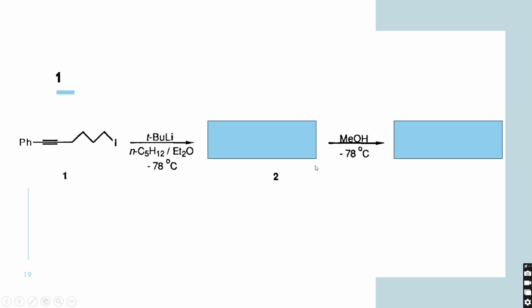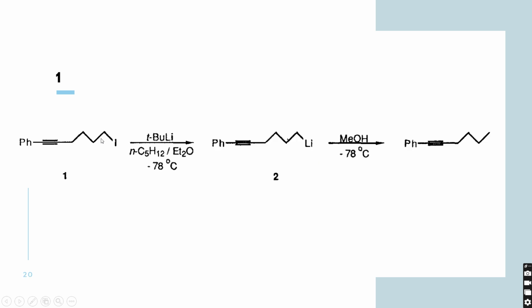So at first, the alkyl iodide will undergo lithium halogen exchange in the presence of butyl lithium. And after lithium halogen exchange, we are going to get this alkyl lithium intermediate.